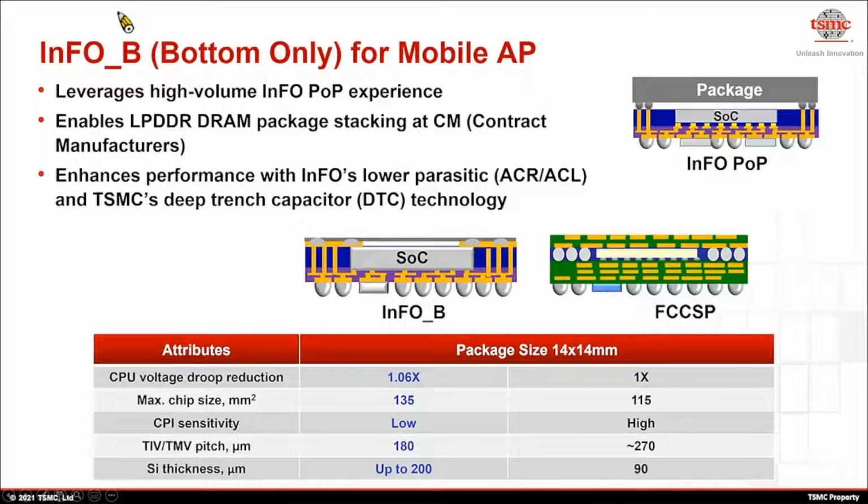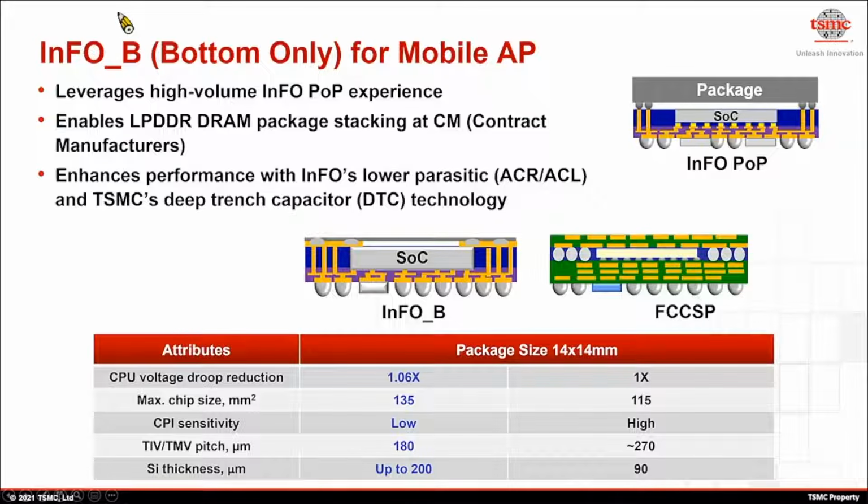It's a new InFO family member for smartphone applications. It leverages our high-volume InFO-PoP technology and manufacturing experiences and provides your customer the flexibility to stack DRAM package on it at their contract manufacturer site.